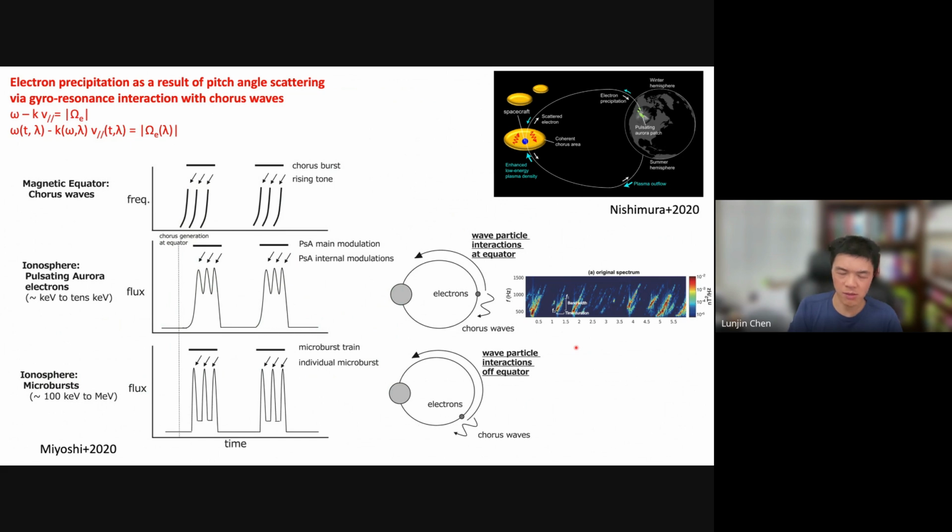But once you generate the chorus element, the free energy inside this system is quickly released, and then there's not enough energy to excite additional elements, unless you have a process like an injection process to continuously flow the unstable electron distribution into the system.